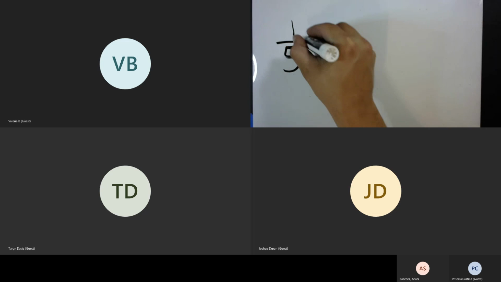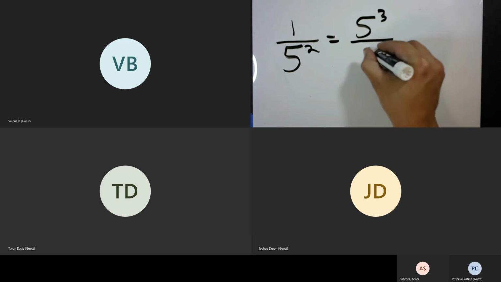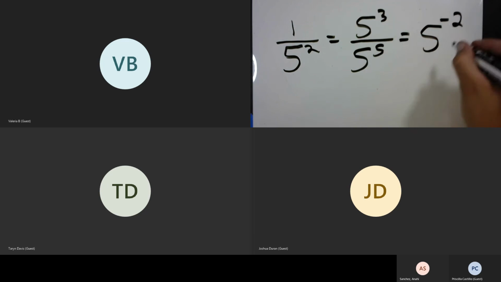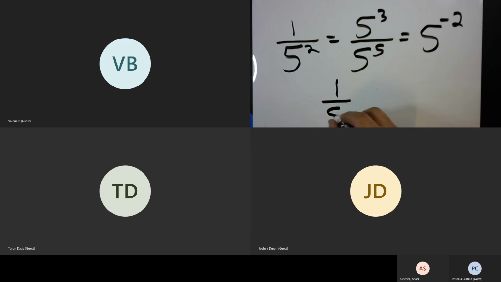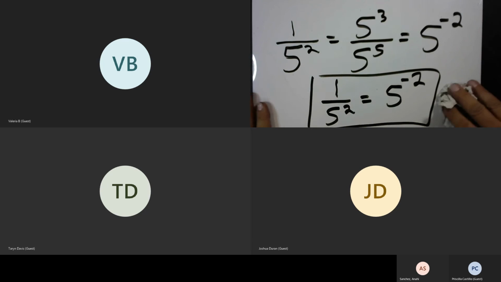You get 1 over 5 squared, which was equal to 5 to the 3rd over 5 to the 5th. And we also got 5 to the negative 2. Hence, 1 over 5 squared must be equal to 5 to the negative 2. That's the more mathematically complete way of concluding this. So that gives us our negative exponents. So let me give you an example.